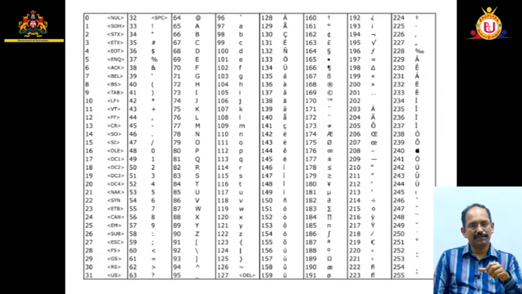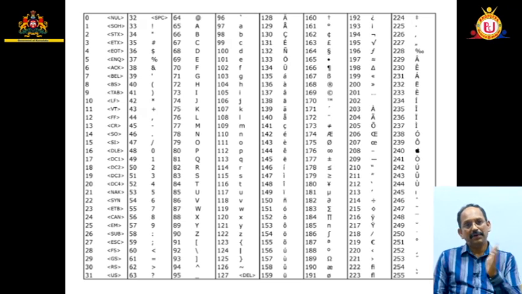Suppose I use the space bar, that will produce the space. So that code is 32. Next, look at the digits 0, 1, 2, 3, 4. What are their ASCII codes? 48, 49, 50, 51 and so on.